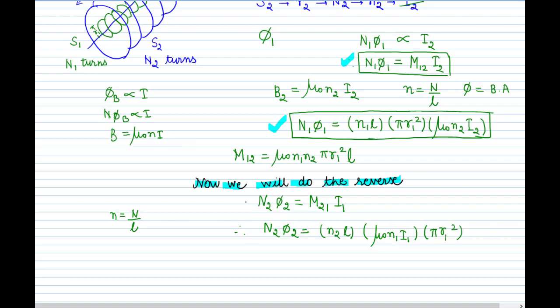If we compare these two equations, N2 phi2 is equal to M21 I1 and N2 phi2 is equal to N2 L times B A. These are all the formulas we have written.